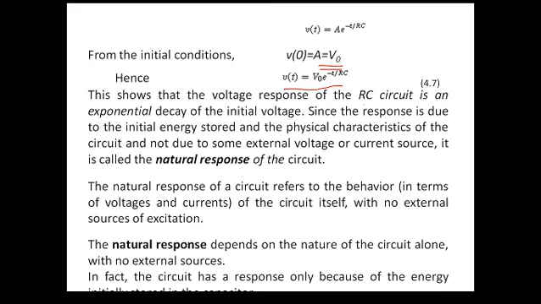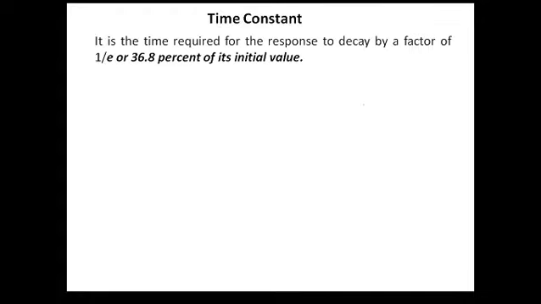Okay, now we got expression 4.7, right? V of t equal to V naught into e power minus t by RC. Now, what is time constant? In first order or second order circuits, generally we will use this time constant. What do you mean by that? Time constant is a time only, right?